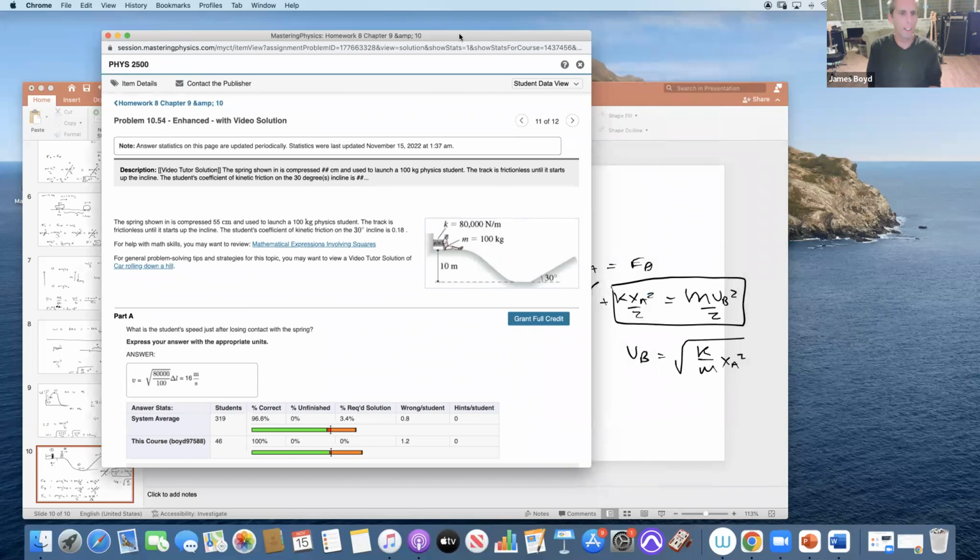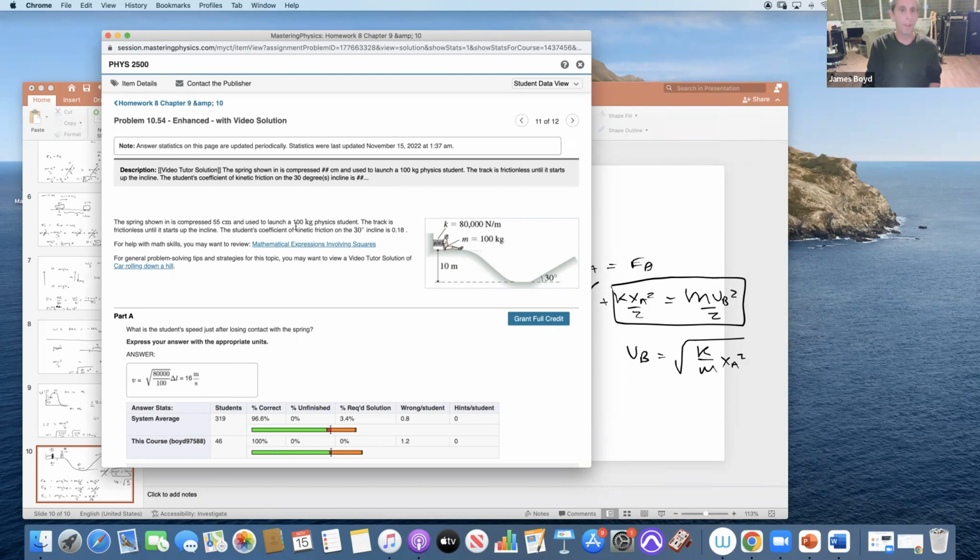k is given in the picture. My brain is not working. 80,000 divided by the mass of the student, which is 100 kilograms.